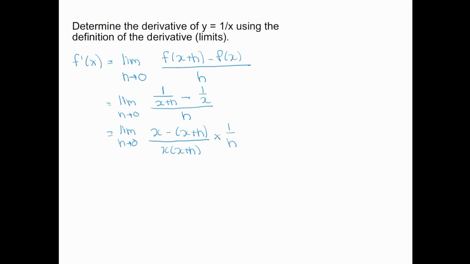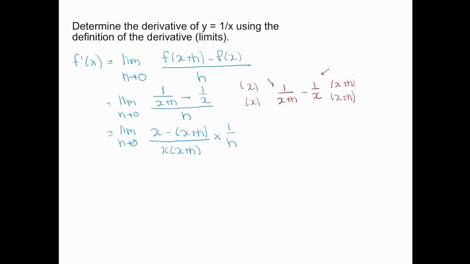I'm just going to work this out on the right-hand side for you so you can see what I've done. So we have 1 over x plus h minus 1 over x. I need to multiply this term, both the top and the bottom, by x plus h, and I need to multiply this term by x, both on the top and the bottom.